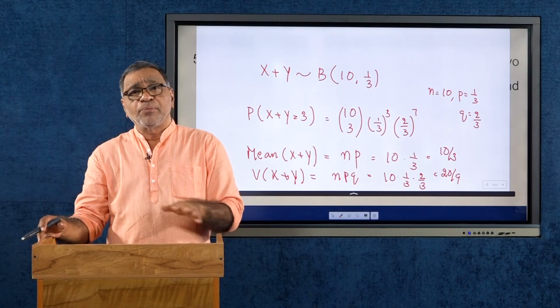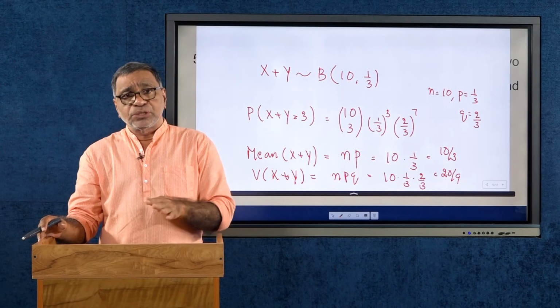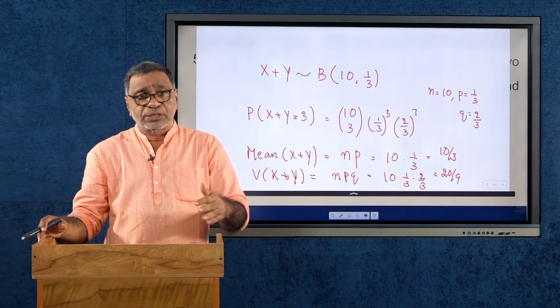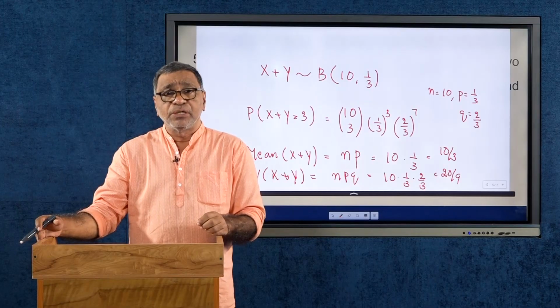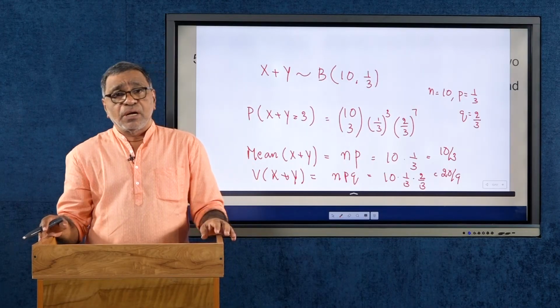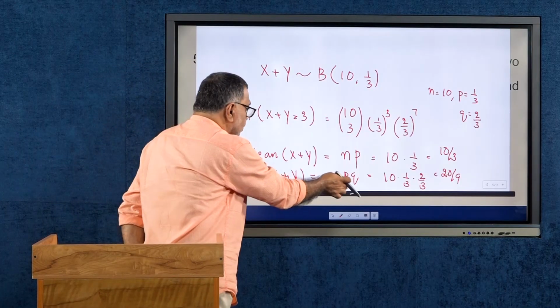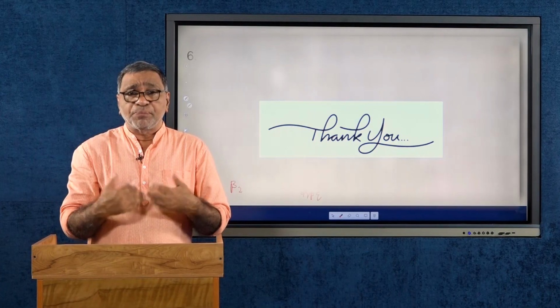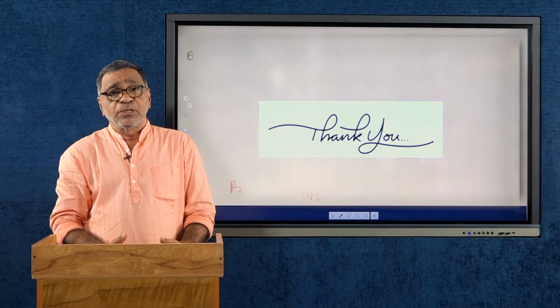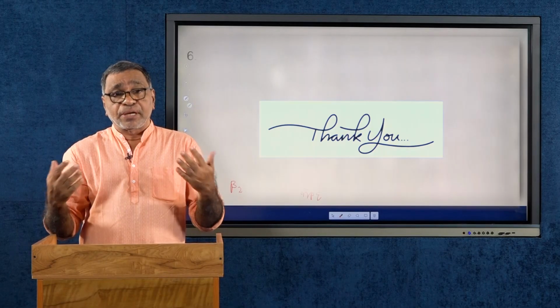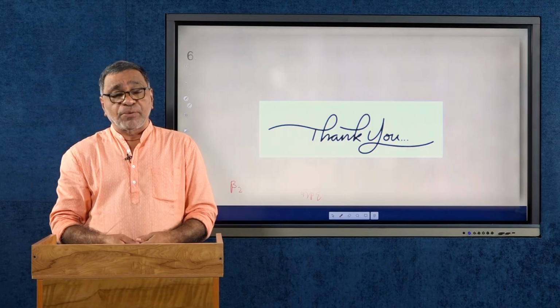You can find probabilities or quantities like mean, variance, measure of skewness, measure of kurtosis, etc., of the x plus y random variable using this application of the additive property. Similar problems we can work out corresponding to the binomial distribution if the parameter values are available.